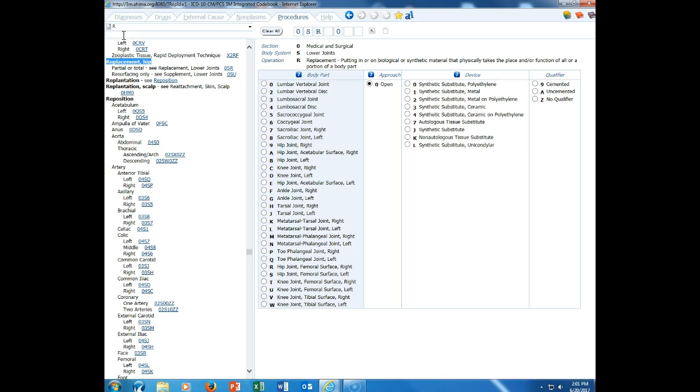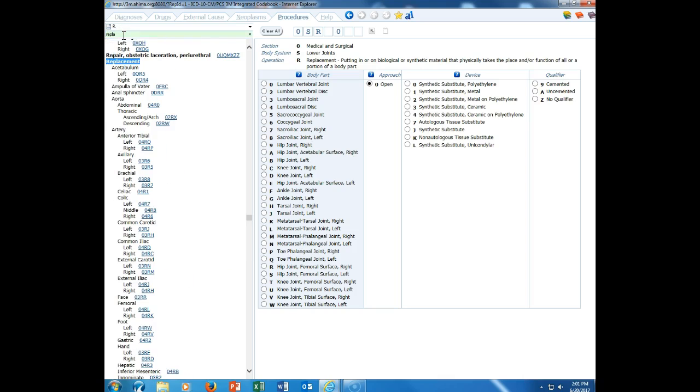So I'm going to look up this root operation.